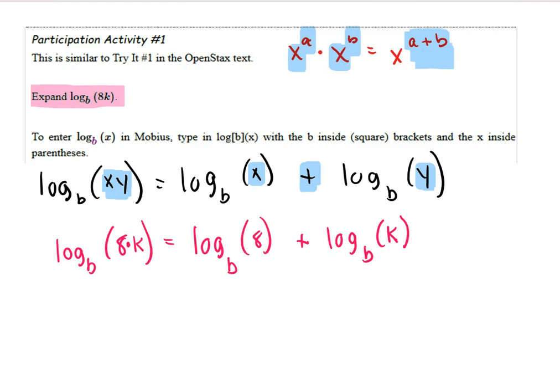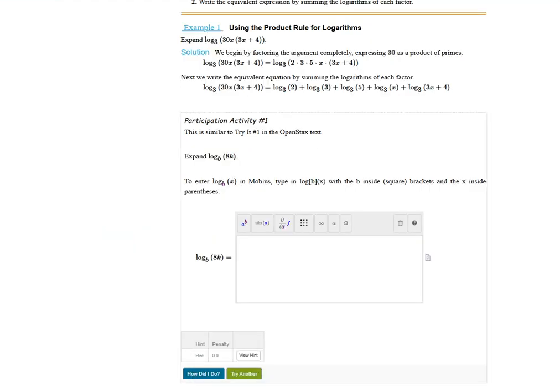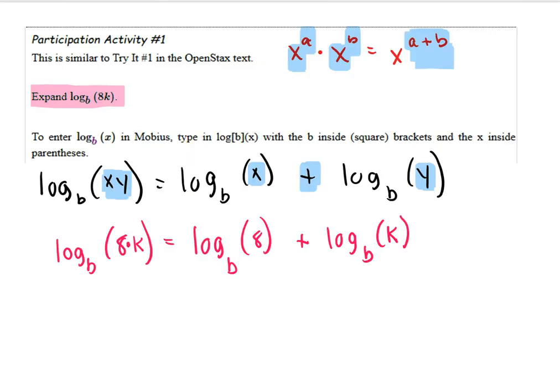And I'm going to jump over here to Mobius. Since b is a subscript, let me jump back here again. When you write something like 3 to the 4th, the 4 is an exponent when it's up high.